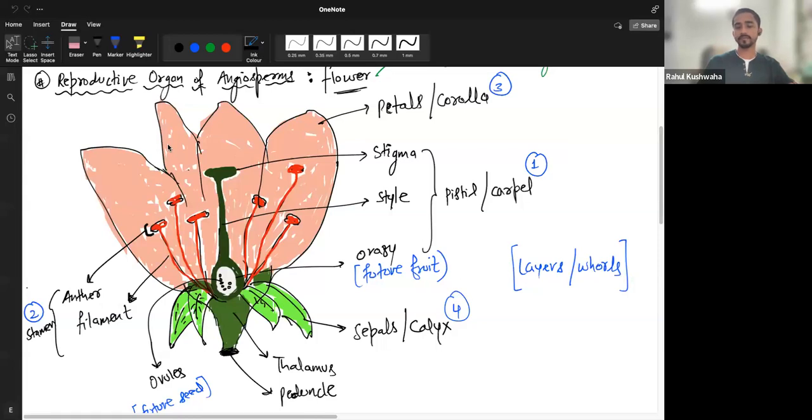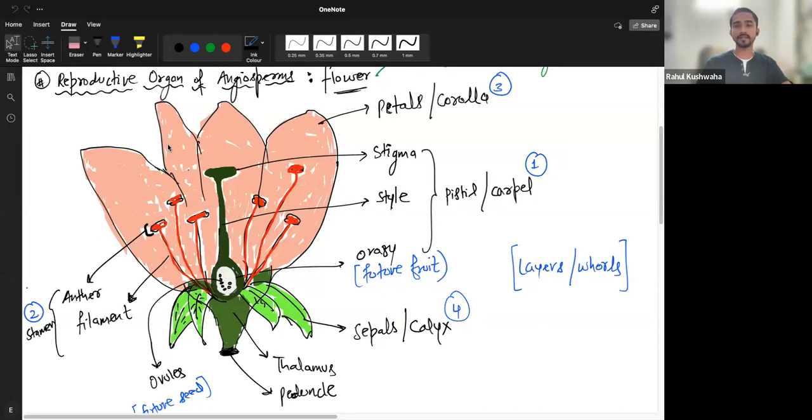Right. And we also discussed the reasons for which they evolved, the potential function that they serve in a flower. So sepals or calyx is mostly for protection.